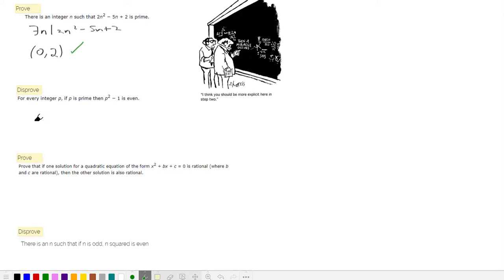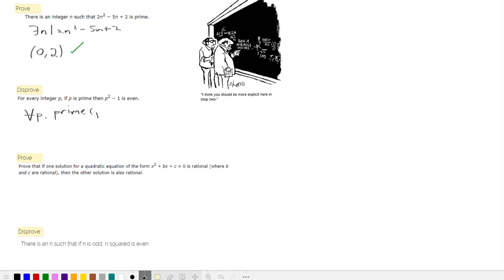All right, next I'd like to disprove this statement for every integer p. So that means for all p, I probably should have gone back to black here. For all p, we'll use the Tarski notation again.